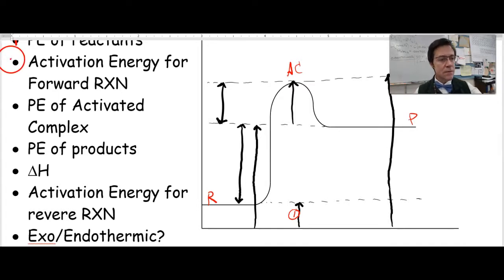So number 2, activation energy for the forward. I always do that to make sure my eyes are going in the right direction. So for the forward reaction, I'm going to start at my reactants and I'm going to pop all the way up to my activated complex. So I need to find a line that goes from here all the way up to here.